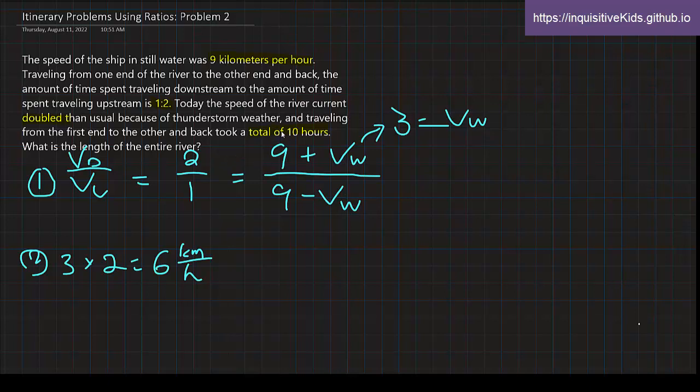If it took a total of 10 hours, what is the length of the entire river? Well, the speed of the ship is still 9 kilometers per hour, so that would not change.